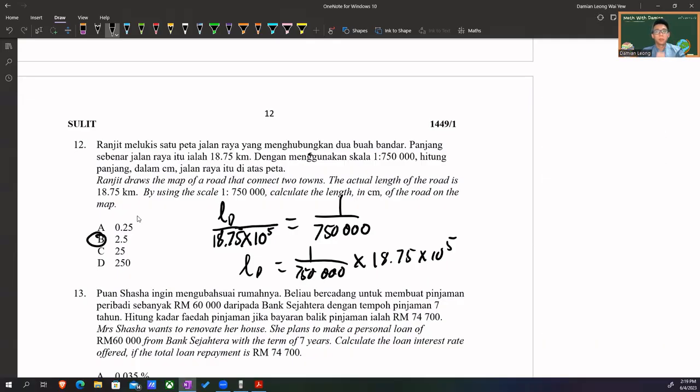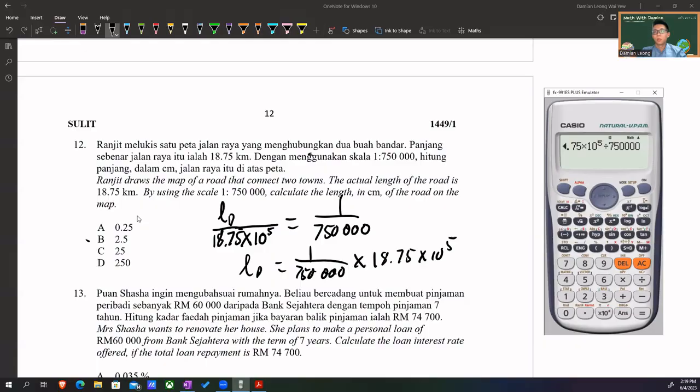Answer. Wait. Yeah, 2.5. Answer should be B.